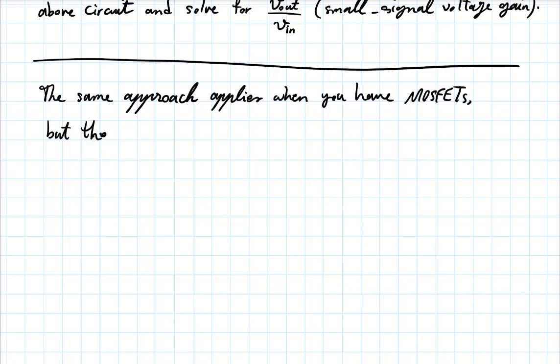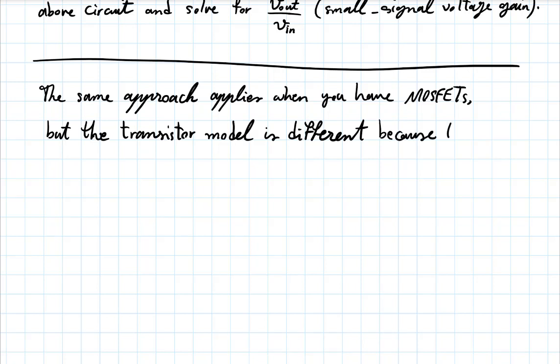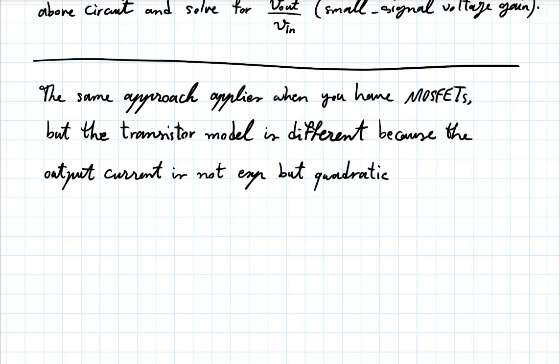But the transistor model is different because the output current is not exponential, but quadratic with respect to the input voltage.